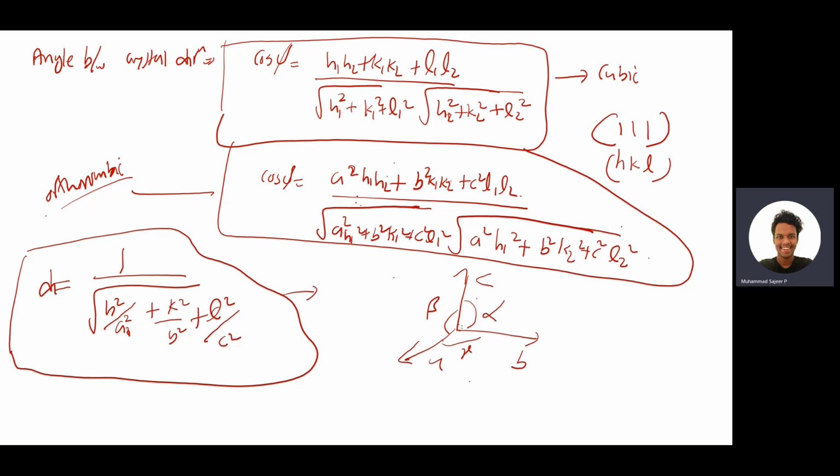It is asked a lot of times, specifically in GATE 2012, 2015. These equations are important. In a simple cube, just remember they may ask d100, d110, d111. You can calculate it, but the ratio is a to a by root 2 to a by root 3.